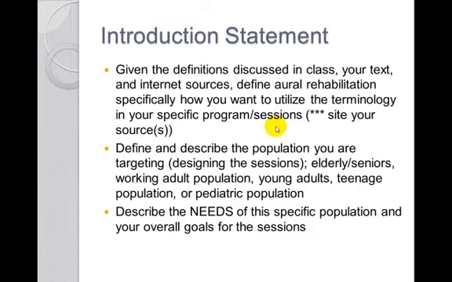The next one is to describe the needs of that specific population and your overall goals for the sessions. So over the course of these 4 sessions, my objectives are for my participants and their family members to, and so on.